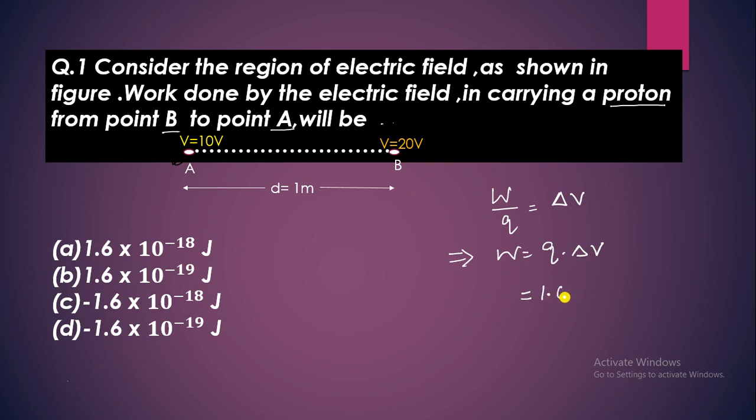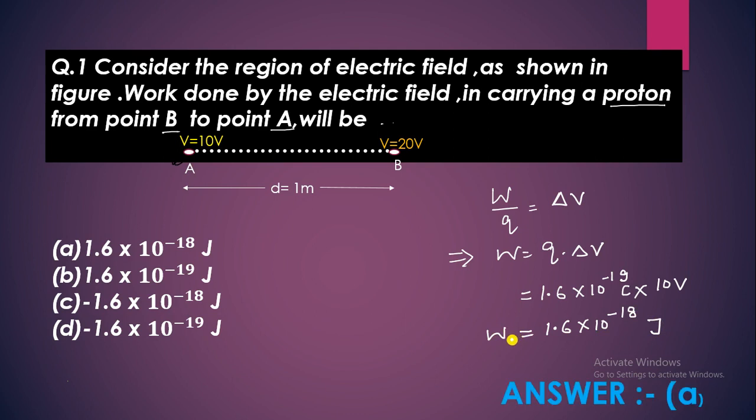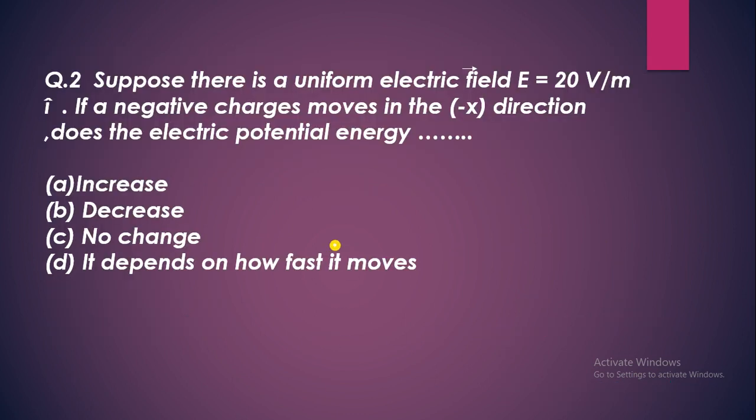You know about this: 1.6 into 10 raised to power minus 19 coulomb, into delta V, which from this question is 10 volt. The answer of this question is 1.6 into 10 raised to power minus 18 joule. So answer A.